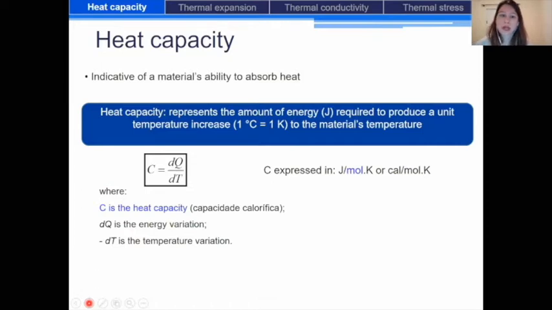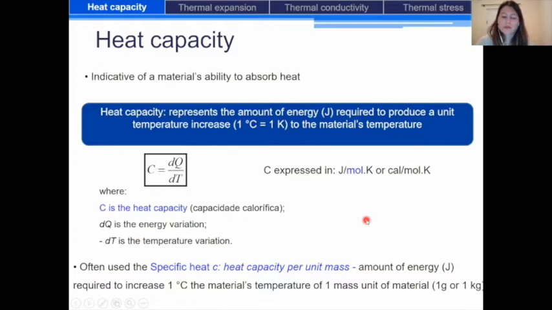So it is expressed as the variation of the energy over the temperature variation. And so the unit for the heat capacity, which is represented by this capital C, is joule per mole per Kelvin, or calorie per mole per Kelvin.